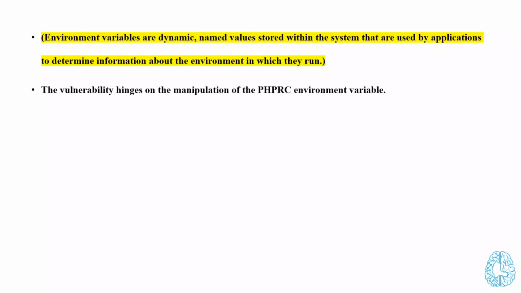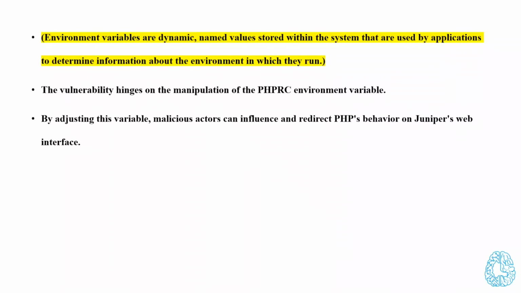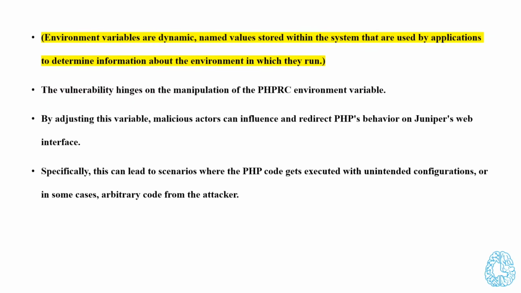In the context of this specific vulnerability, there's a particular environment variable called PHP-RC that's critical. By tampering with this, an attacker can alter PHP's actions on Juniper's web platform. This can result in PHP running with a wrong setting or even executing the attacker's code, or arbitrary code.